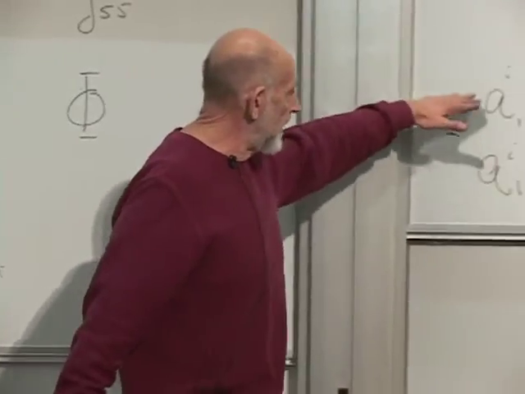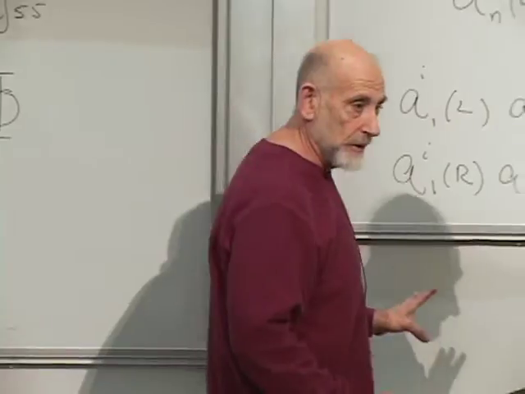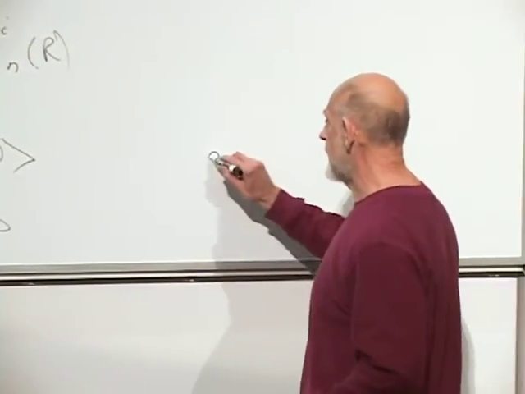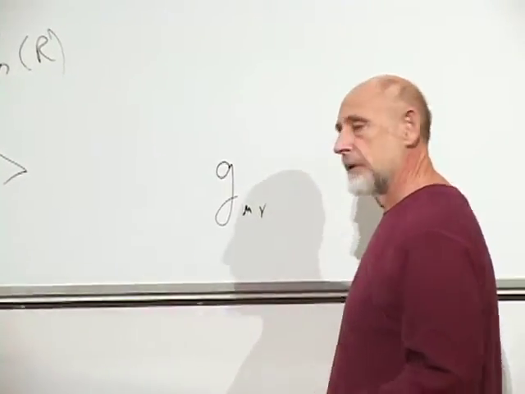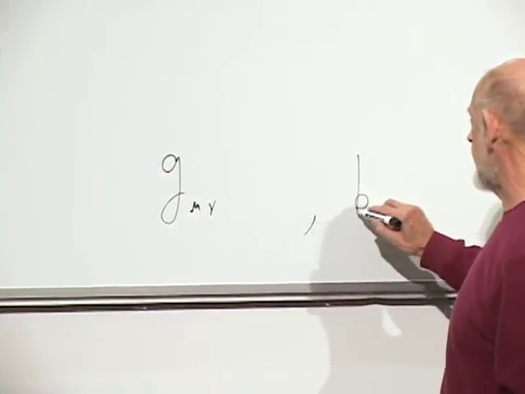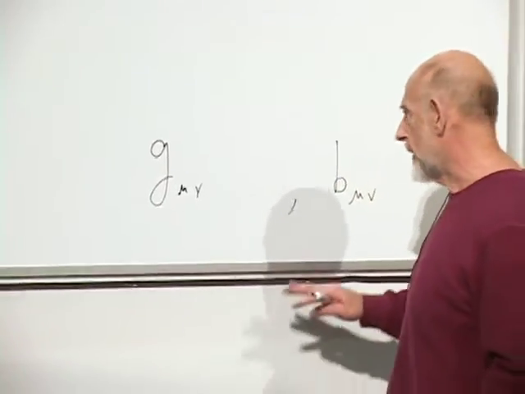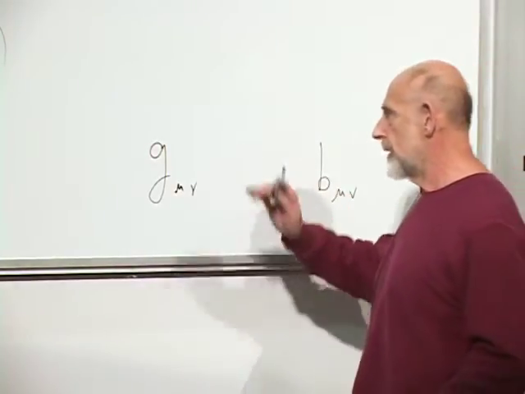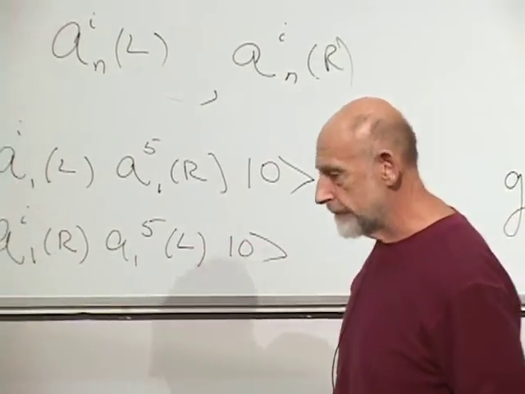So 1 linear combination is associated with momentum, and 1 linear combination is associated with winding number. One of them is associated with gravitons, which are the field quanta of the gravitational field, and the other one is associated with something called B mu nu, which has different properties than the graviton, but its mixed component is also like a photon.